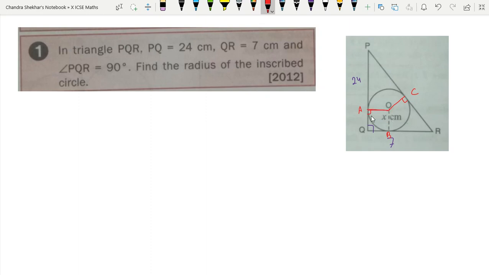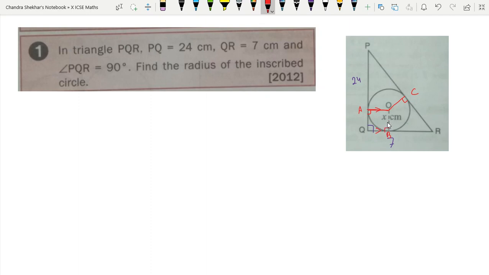See here. First of all, these two lines are perpendicular. You can see AO is perpendicular to PQ, and QB is also perpendicular to the same PQ. It means that AO is parallel to QB, right? Similarly, OB is perpendicular to QR, and AQ is also perpendicular to QR.